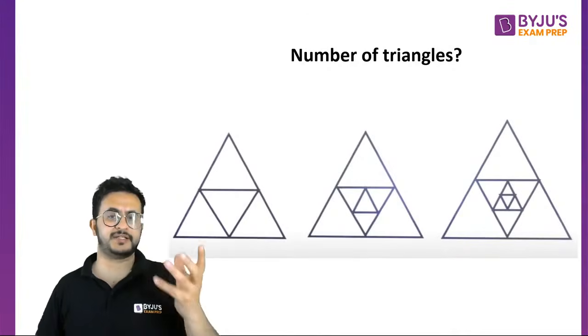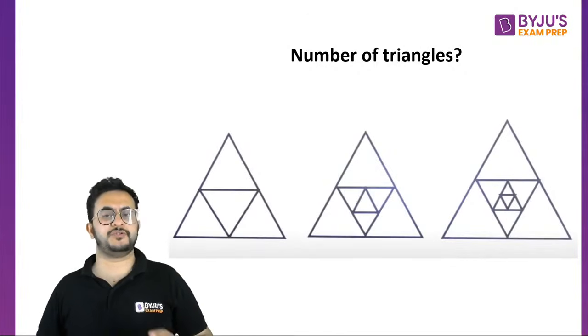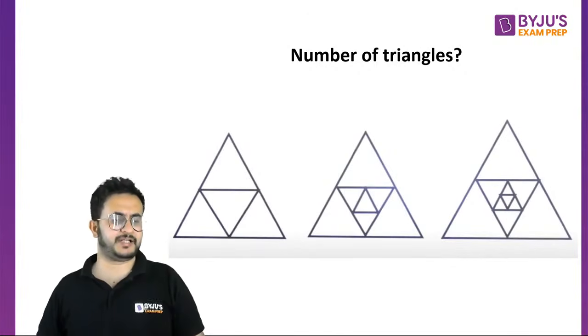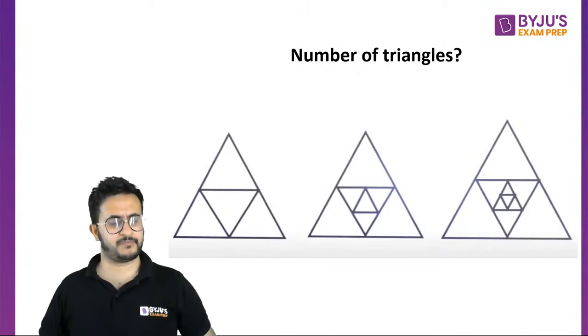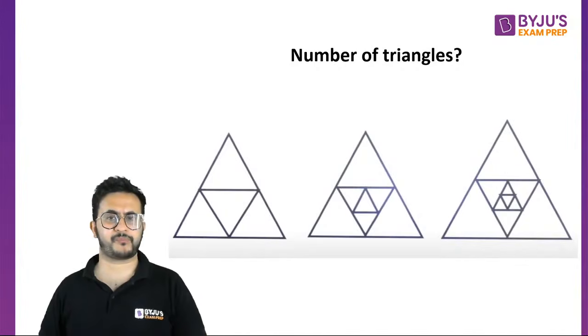Sometimes you will have a triangle inside a triangle. So once you know these concepts, you can apply these collectively to find the number of triangles in the given figure. What is the number of triangles in figure A?